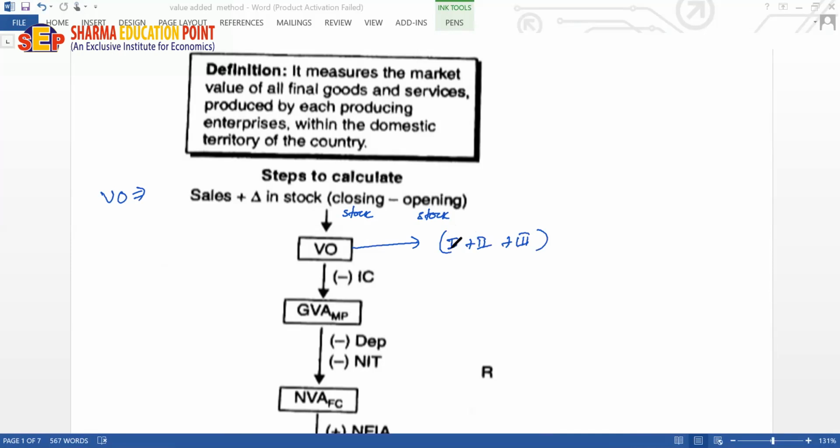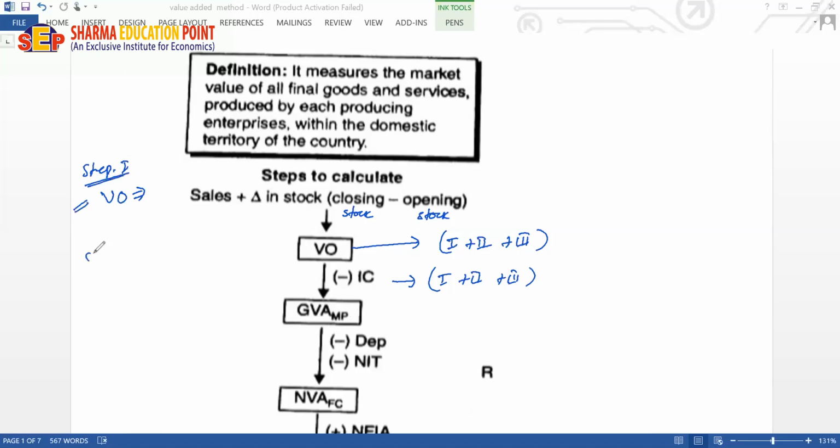Then minus intermediate consumption, again intermediate consumption of all sectors, primary, secondary and tertiary. When you deduct IC from value of output, you have gross value added at market price. So this is step 1, to calculate value of output.